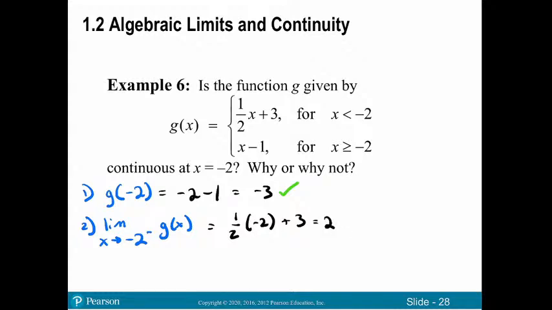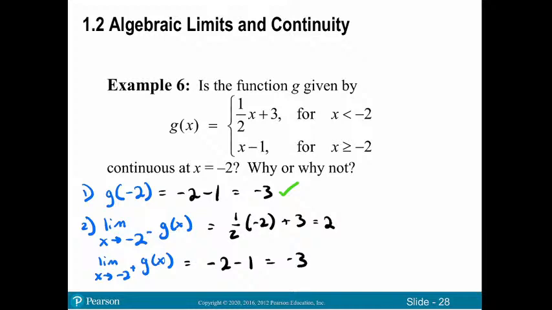But then, if we consider coming from the right, the limit as x approaches -2 from the right of g of x, this is going to be equal to, so that means we're going to use the second line. If we plug in -2, we're going to get -2 minus 1, which is -3. So notice that the left-hand limit is not equal to the right-hand limit.